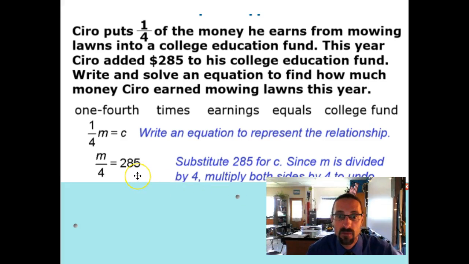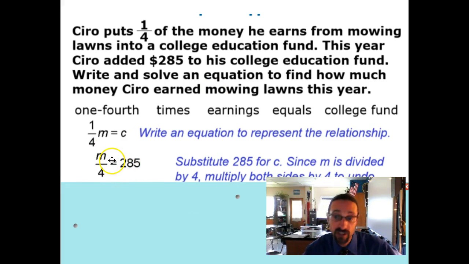Well, he added $285 to his college fund. And notice here how they said, well, this is really 1/4 of M, which is the same thing as M over 4. If you want to say 1/4 M equals 285, that's just fine with me too.